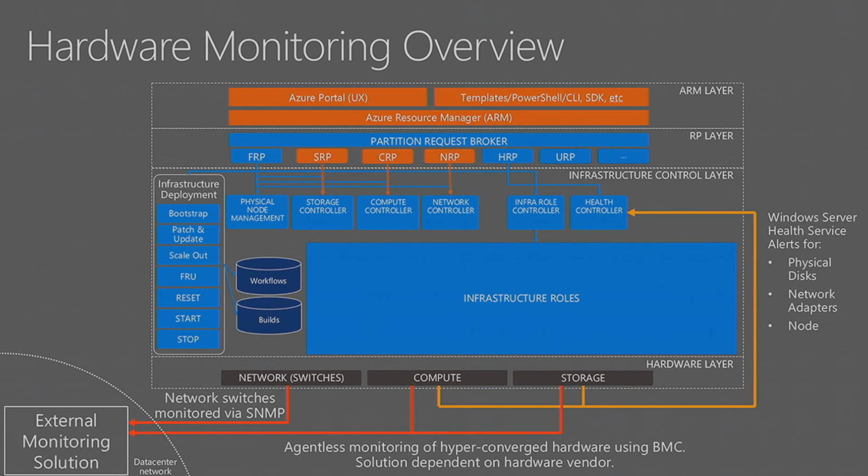For low-level device information and alerts, we're relying on our hardware partners that are shipping Azure Stack solutions to provide agentless monitoring solutions via their baseboard management controllers. And likewise, the network switches will need to be monitored via external monitoring solutions via SNMP. However, you can connect up the health alerts from the HRP via the REST API. They're available for consumption in those external systems as well.